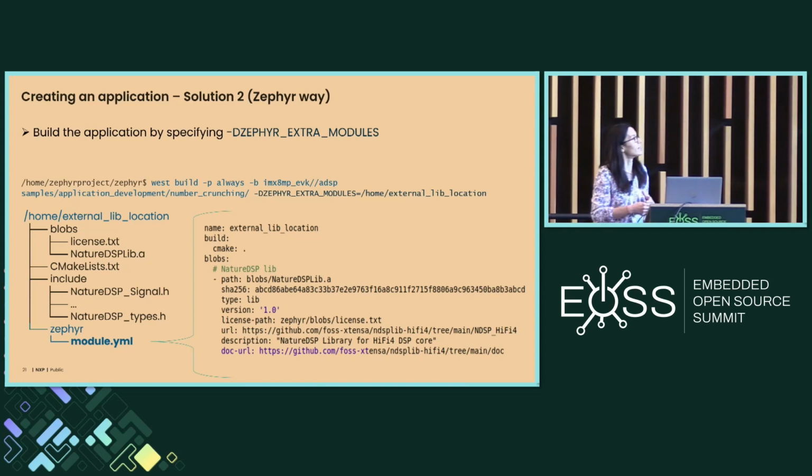Now, in this case, our external lib location is seen as an external module. So to be an external module, we need to have in Zephyr a special structure. So we need to have this zephyr folder in our external module with this module.yml file. Here in the YML file, we need to specify the name of our external module, because this will be used when building the application.